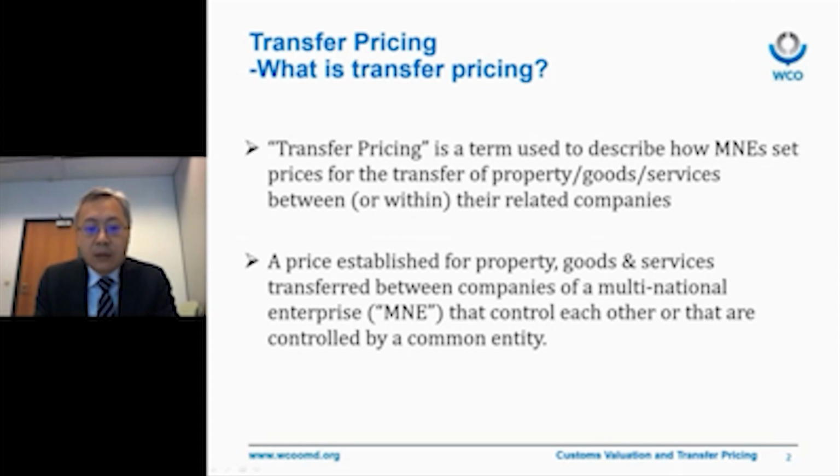Here is a diagram to show the relationships between different members of a multinational group. For a multinational group, we may have headquarters on the top, a manufacturer on the right side, and we may have distributors and service companies.